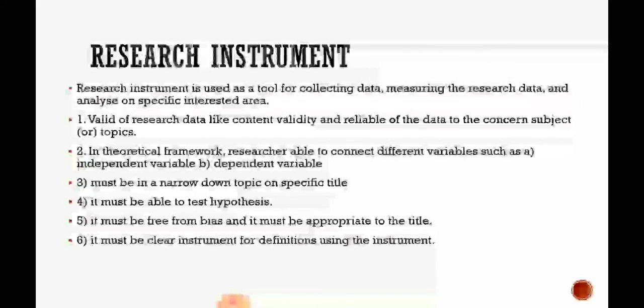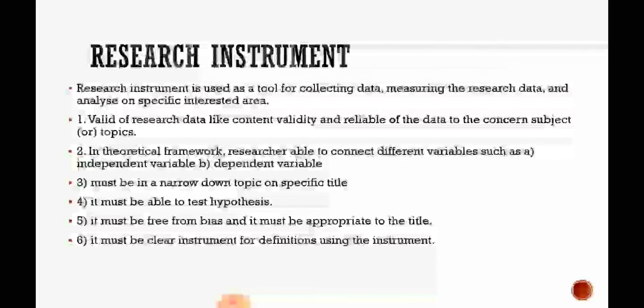There should be no bias while selecting the research instrument for carrying out further research work, and it must be related to the extent title. The last one is that it must be a clear instrument, with clear definitions for using the instrument.